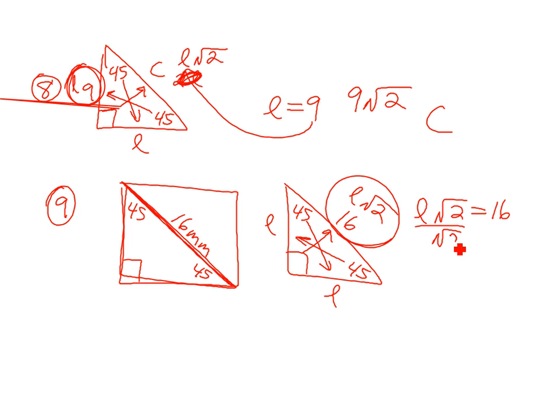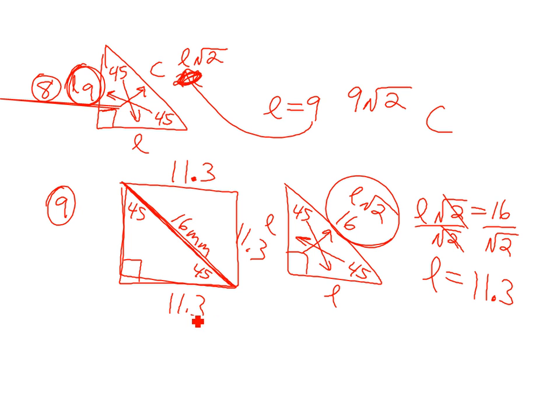Divide both sides by the square root of 2 to get L by itself. You end up with L equals, take your calculator and divide 16 by the square root of 2, and you end up with 11.3. So each side of the square is 11.3. We want the whole perimeter, so we got to add all those sides up or multiply 11.3 times 4.